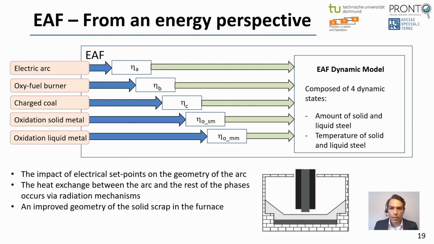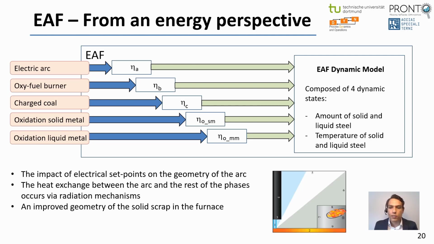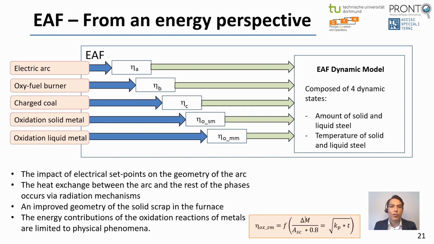Therefore, we took a considerable amount of time observing the process and proposed to model the solid phase of the furnace instead as a hollowed cylinder geometry. And finally, we consider the mechanisms that restrict the energy contribution of the oxidation reactions to the process. One of these, for example, is the oxidation formula or the corrosion formula, which is presented here.